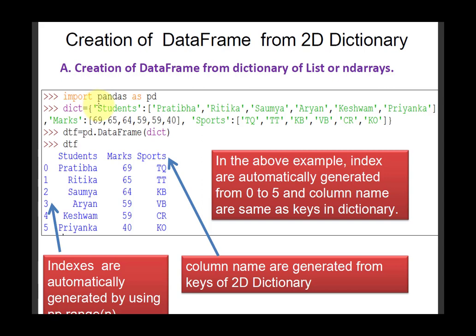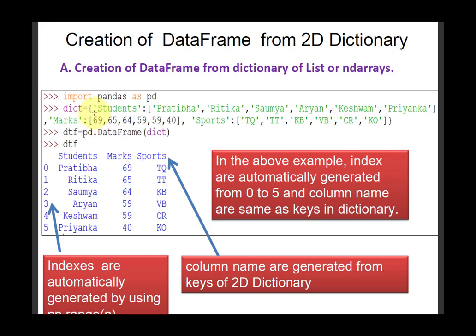First, what is the method for creating a data frame? First you have to import pandas as pd. So there I imported. First step is import pandas as pd. Now there I am creating a dictionary.